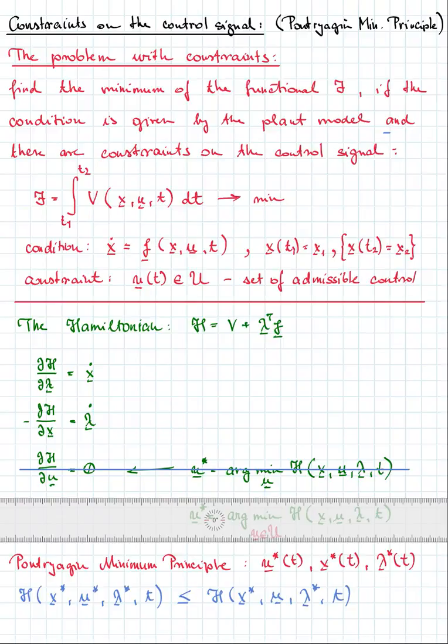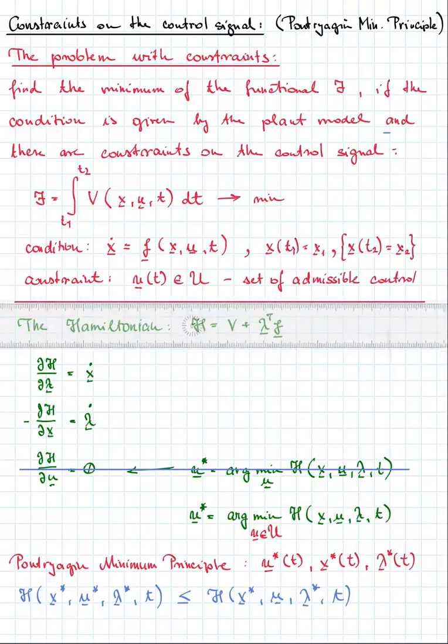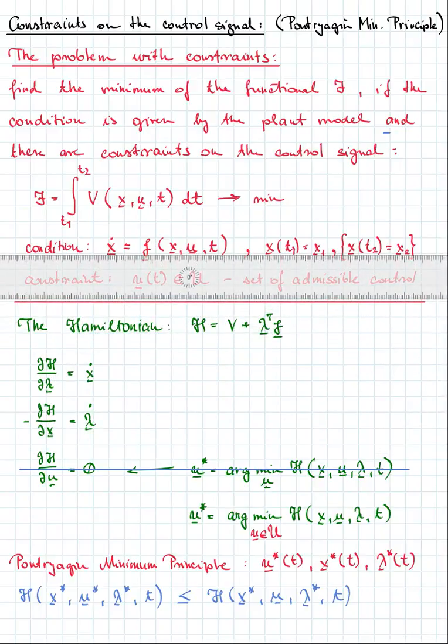The first equation, the state equation, and the second equation, the co-state equation, of course, can be used. They do not modify, but we have to do the minimization according to the set of admissible control. So we have to work out a technique which minimizes the Hamiltonian H, but which takes into account the constraints.